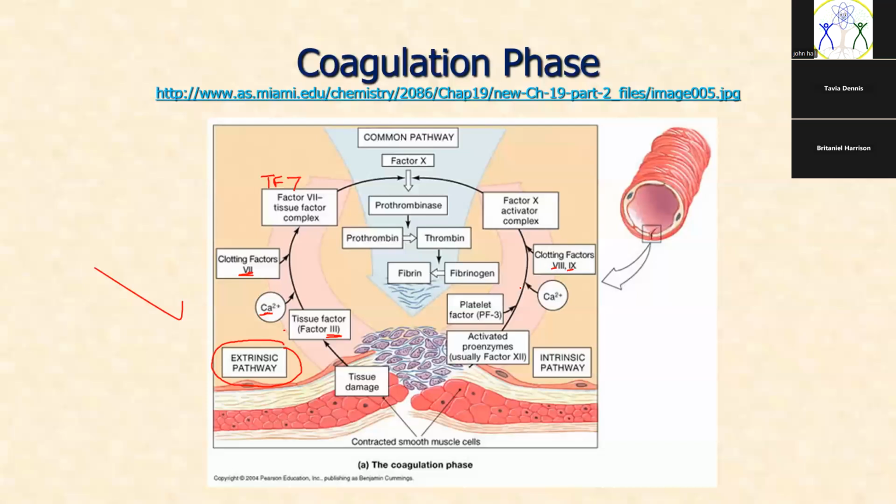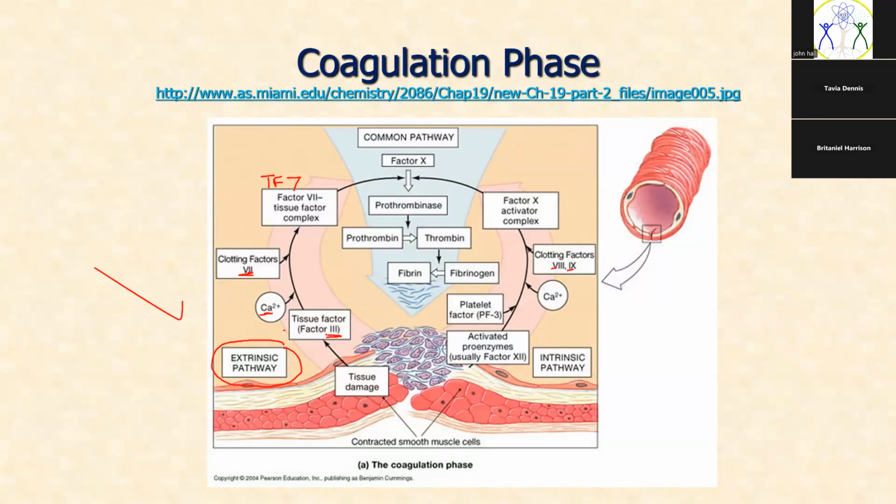And 11, of course, leads to the activation of the 9, and that's what leads to 10. So you can see this one doesn't have all the steps there, but it has the basic idea, right? So remember, 12, 11, 9, 10, all of them come back to factor 10. Extrinsic pathway, once again, you start with 3 plus calcium plus 7 gives you TF7. That gives you 10. Okay?